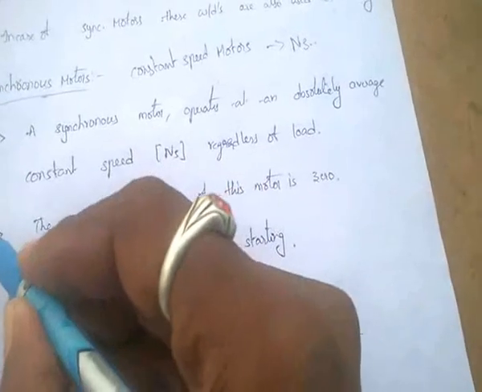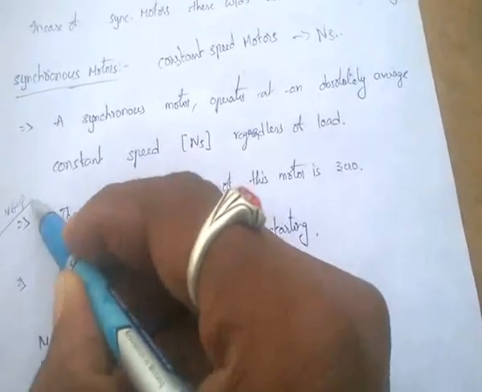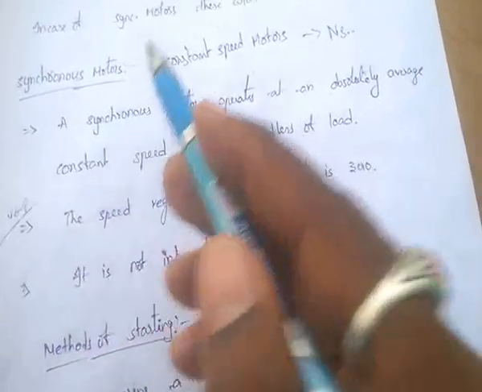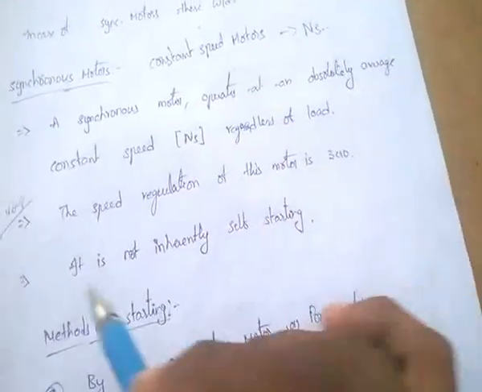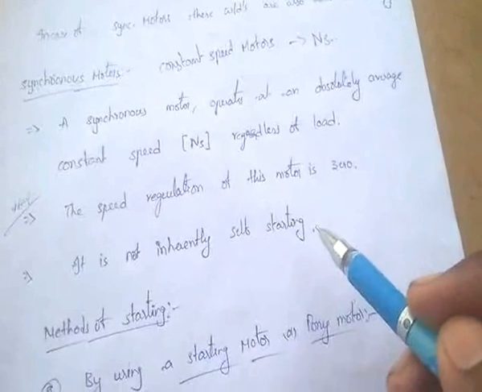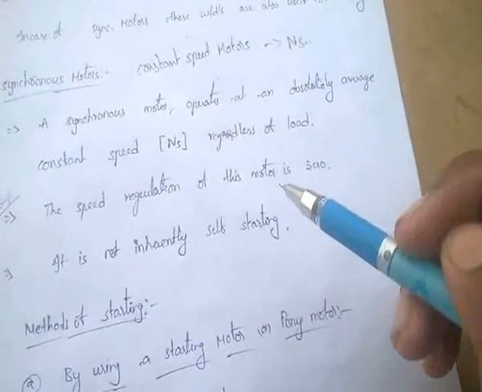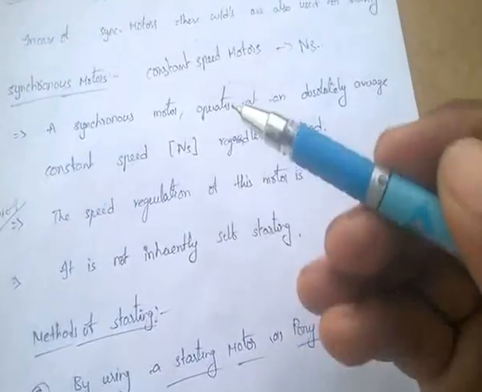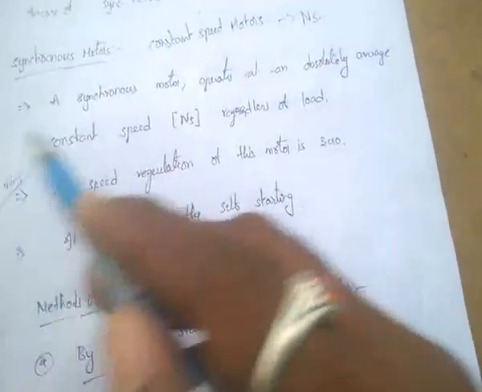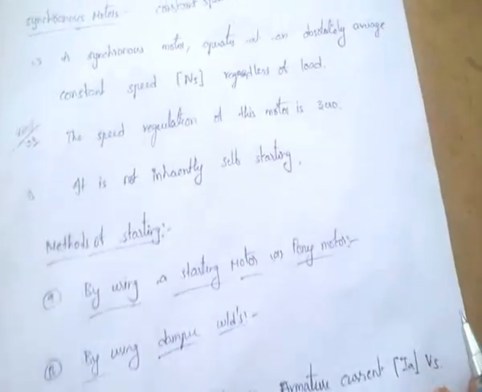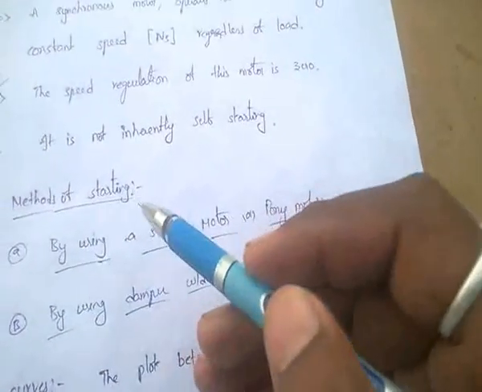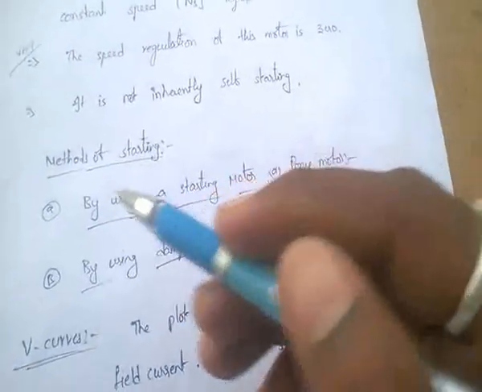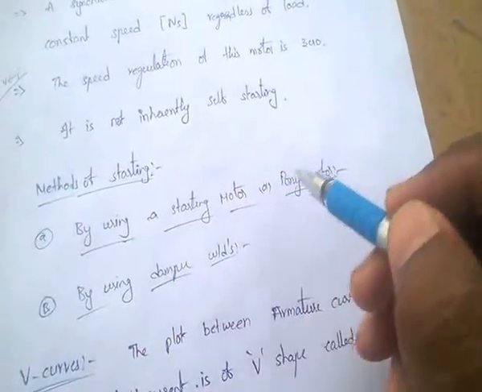Very, very important bit. The speed regulation of a synchronous motor is 0, it rotates only at synchronous speed, and it is not inherently self-starting. By using some external method, we can start the synchronous motors. There are mainly two methods of starting. One is by using a starting motor or pony motor.